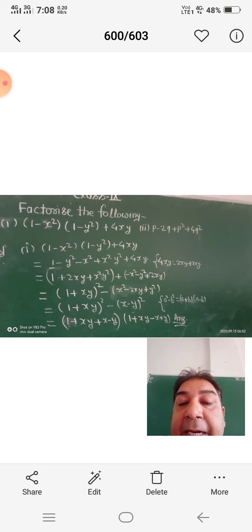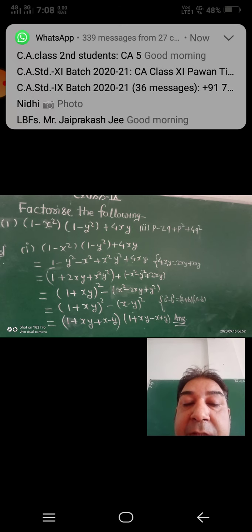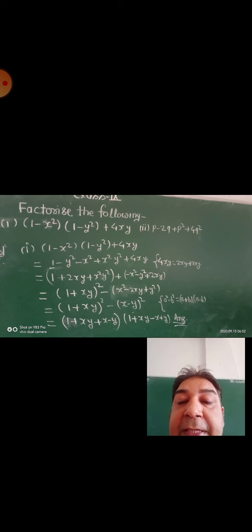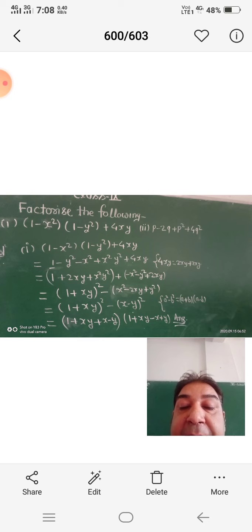Now you can see that (1 plus xy) whole square minus (x minus y) whole square. You can apply the formula a square minus b square equals (a plus b)(a minus b). Here a is 1 plus xy and b is x minus y.